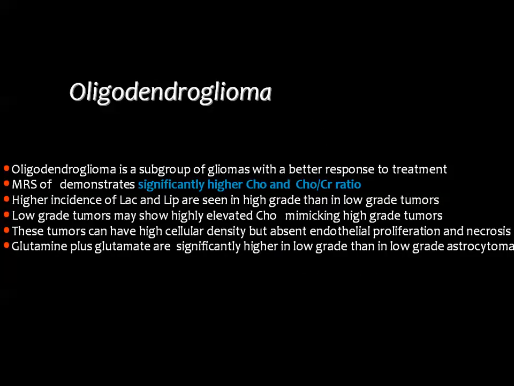Oligodendroglioma, the same. Oligodendroglioma is now considered one of the intermediate grades. It is not a low grade as was thought before, and you may get significant elevation of the choline and choline creatine ratio in oligodendroglioma.